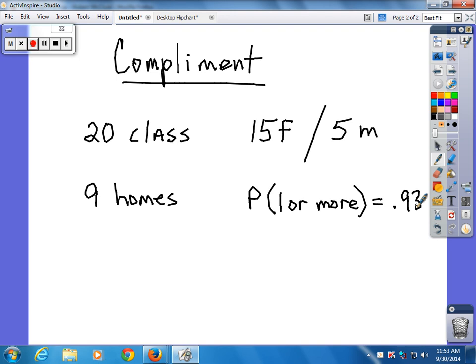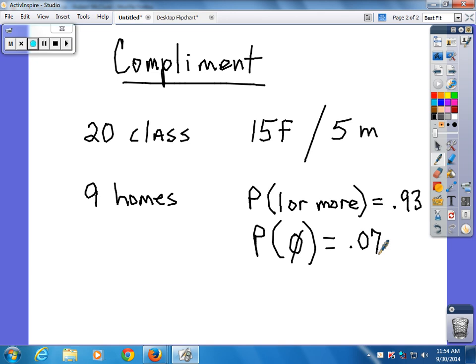Well, if you've got 9 homes, and this is 1 to 9, what would be the answer to 0? 0.07.